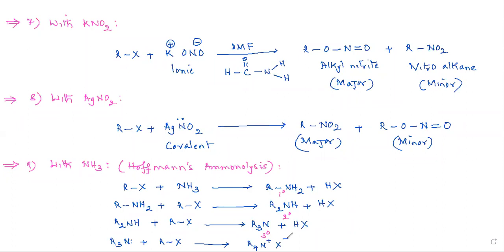R4N plus X minus. You know, this is a quaternary ammonium halide. So this way, the reaction goes heavily until a quaternary ammonium salt is formed.